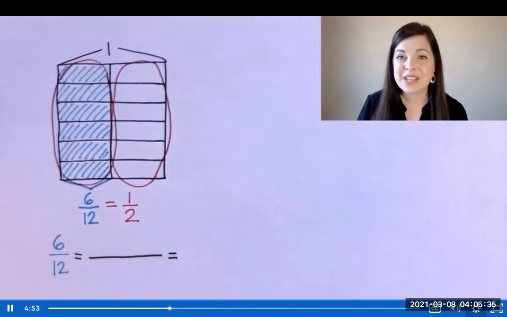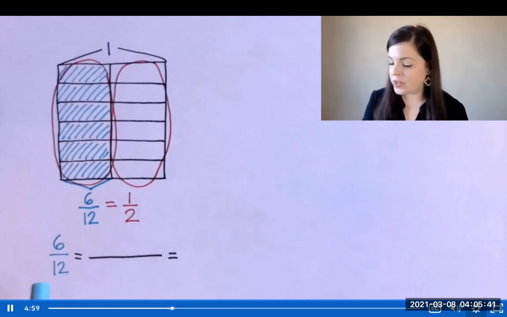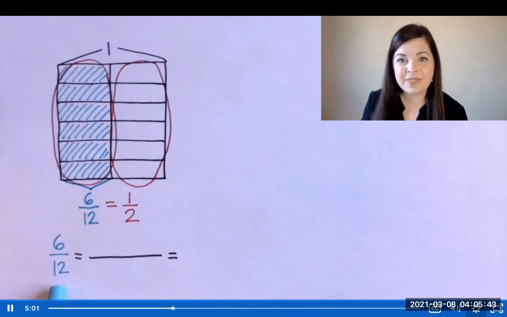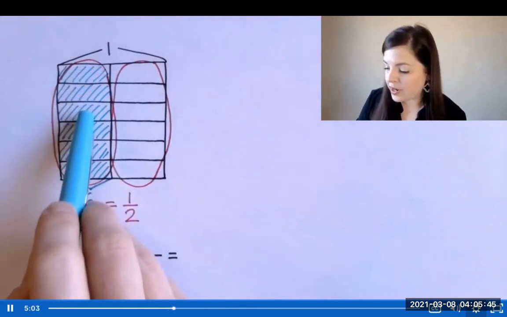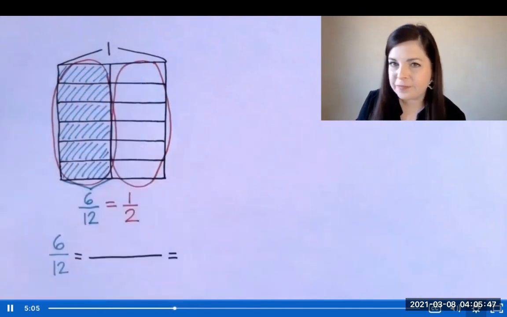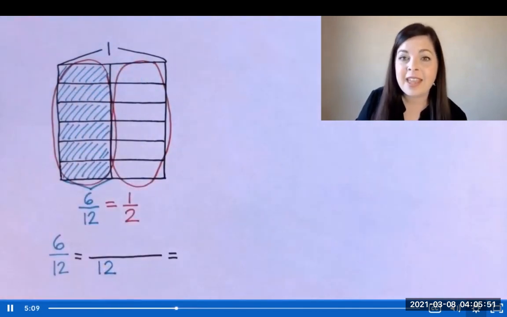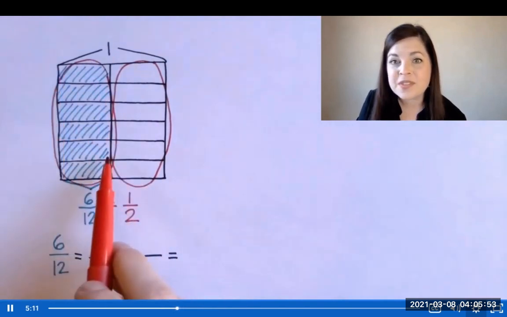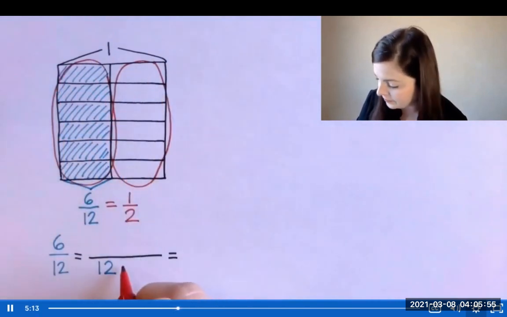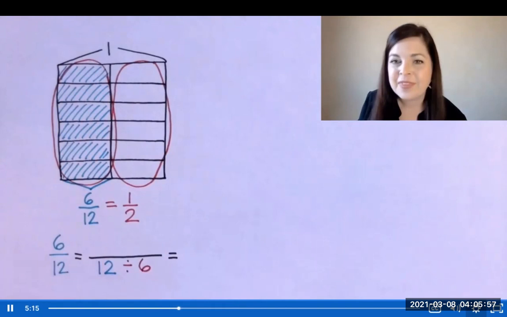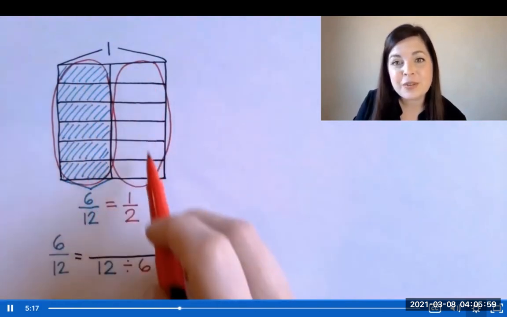Now let's express the equivalence of these two fractions in a division number sentence. Write along with me. We started with 6/12. In the beginning, we had 12 units in the whole. Then we composed groups of 6. And now we have 2 units in the whole.